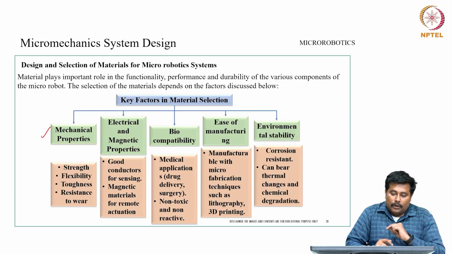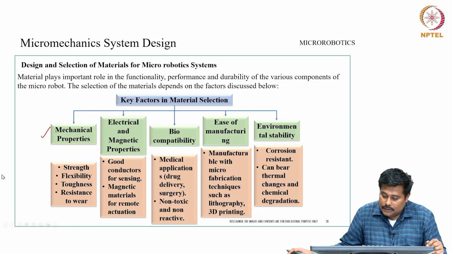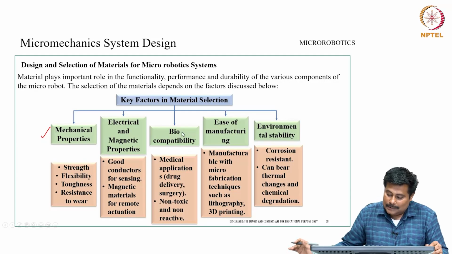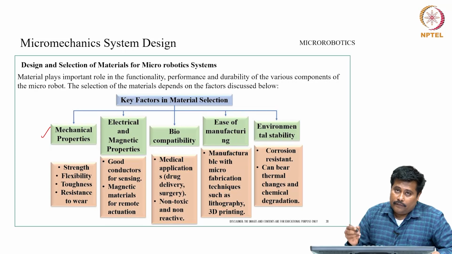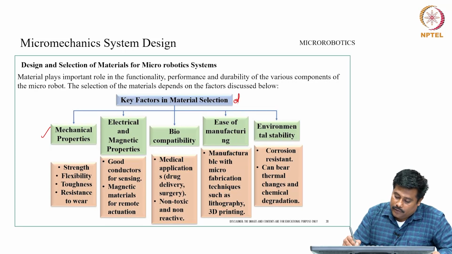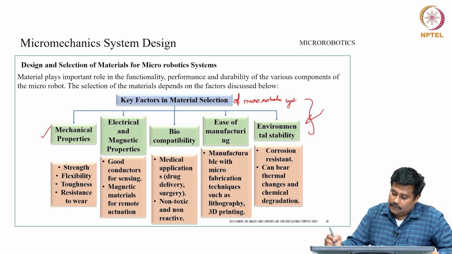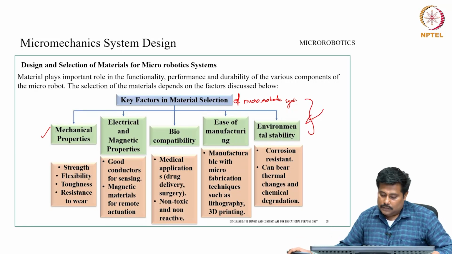This is one important point which we may need to consider with reference to the environmental system. Overall, these are the key factors for material selection of micro robotic systems, which contribute to the overall system.